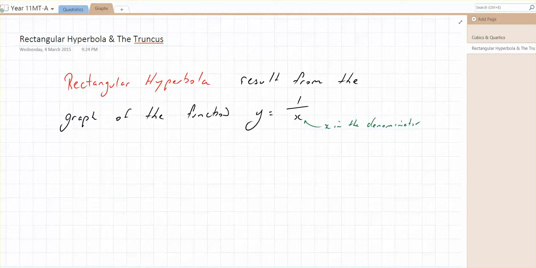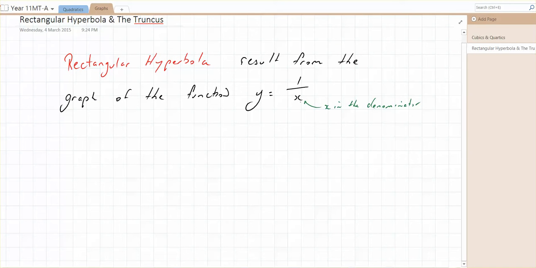You'll see in a moment when we have a look at the values. It's often a good idea to look at the points that make up this curve, because whenever you look at a relationship between y and x, there's an infinite number of points. So what we want to do is get an idea of what this thing looks like. If we take a few points either side of 0 and see what's going on.